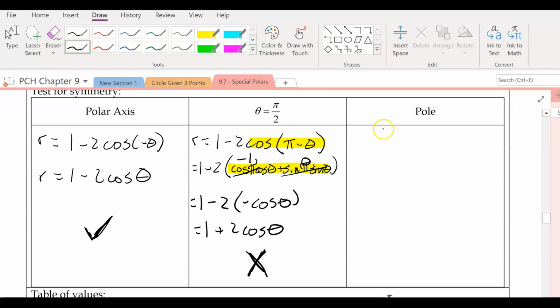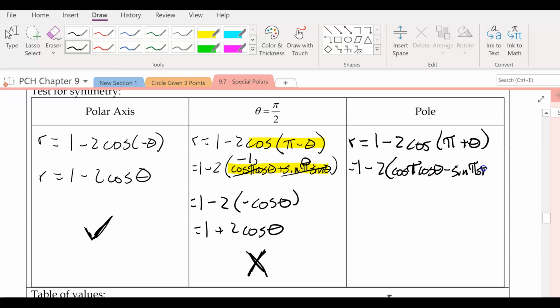And the last one, checking with respect to the pole, we've got r equals 1 minus 2 cosine, and we'll replace theta with pi plus theta. Again, we're going to use our sum formula for cosine: cosine pi cosine theta minus sine pi sine theta.